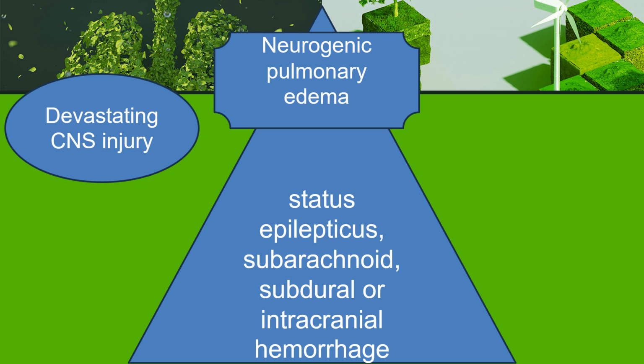Here we will discuss one form of non-cardiogenic pulmonary edema, that is neurogenic pulmonary edema. With any devastating CNS injury, in cases of status epilepticus, subarachnoid hemorrhage, subdural or intracranial hemorrhage, the patient can suffer neurogenic pulmonary edema.